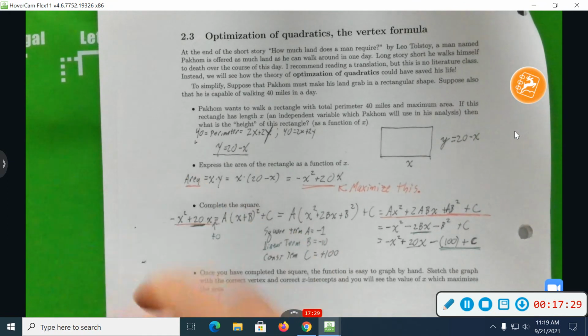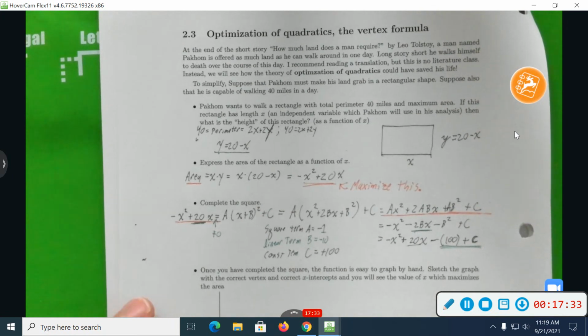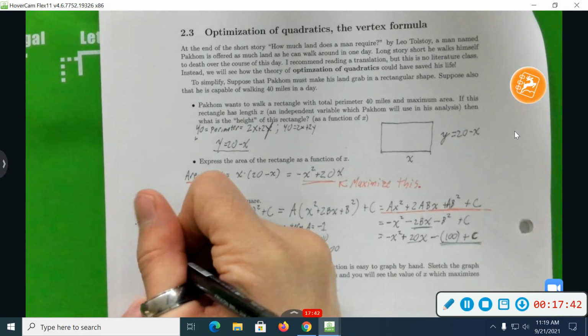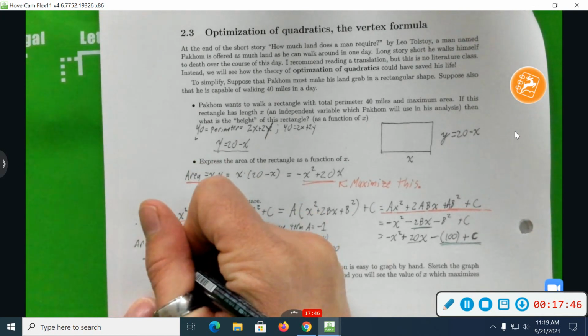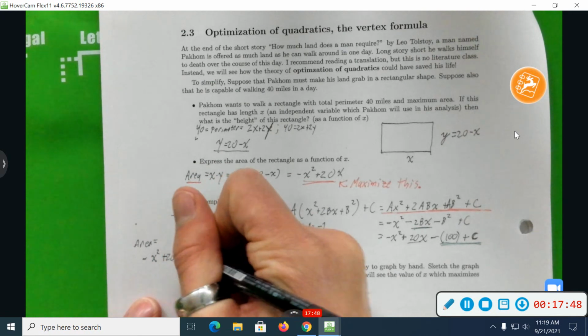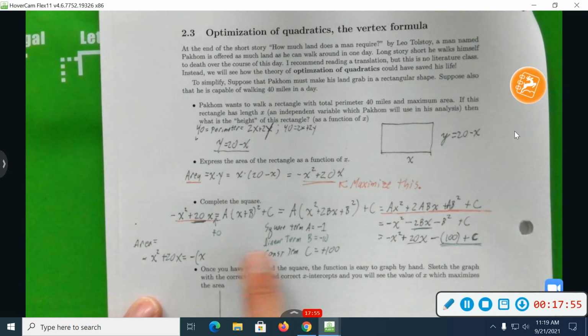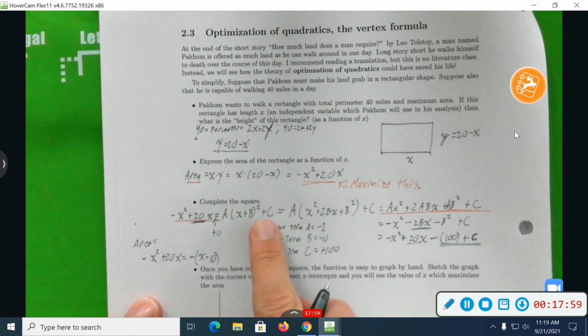In general, I wouldn't expect all of those steps to be written out, but hopefully that very algebraic technique helped to hammer home the things that we did too quickly last time. Okay. More examples are helpful. So area, which was -x squared plus 20x, is now the same as negative (x minus 10) squared plus 100.